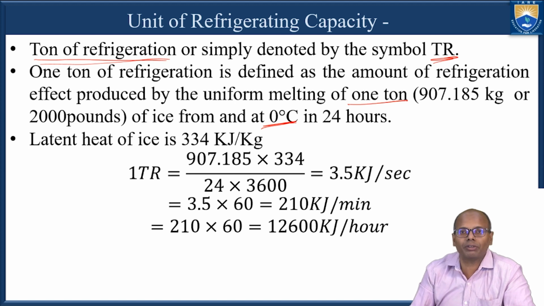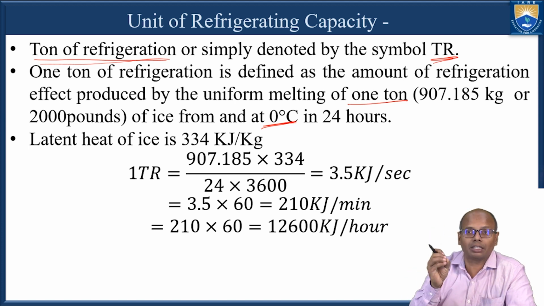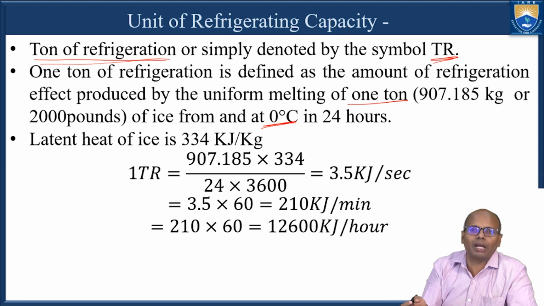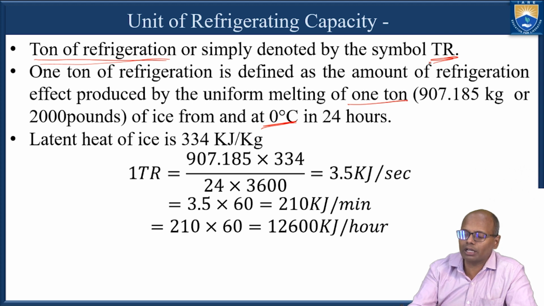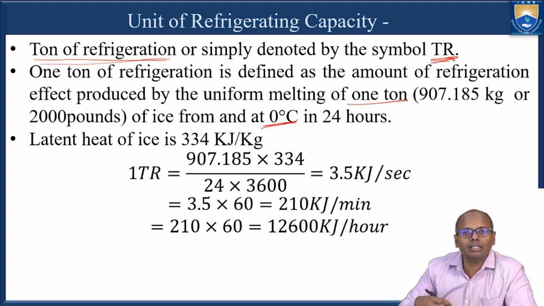So what is 1 ton of refrigeration? We are taking 1 ton, or 2000 pounds, of ice at 0 degrees centigrade, and we are allowing it to melt, and in the process it supplies some cooling effect in 24 hours. That cooling effect is termed as 1 ton of refrigeration, or simply TR. So what is the value of it?